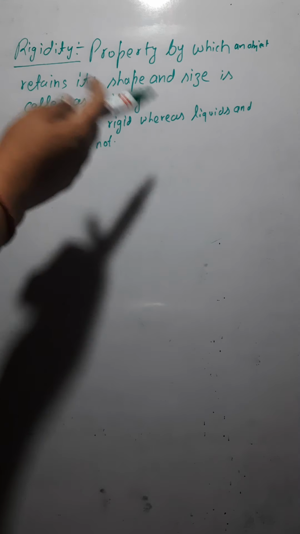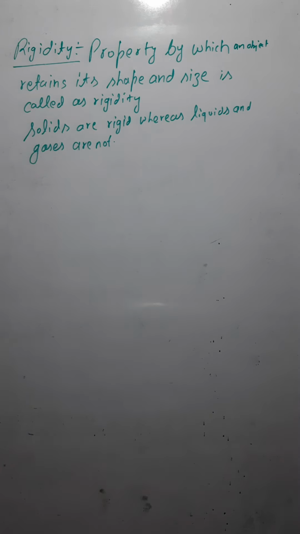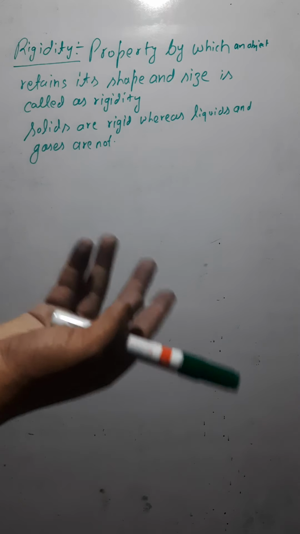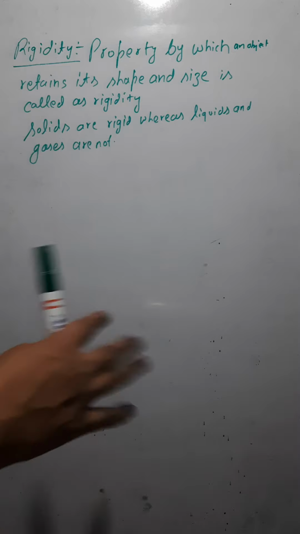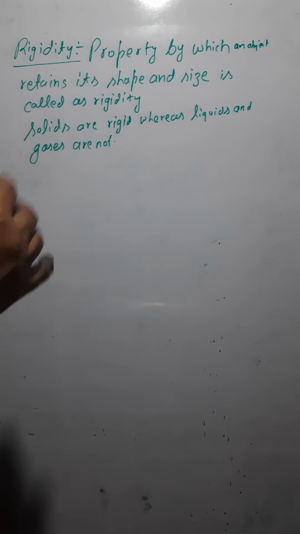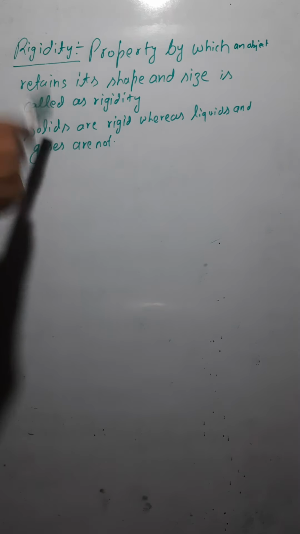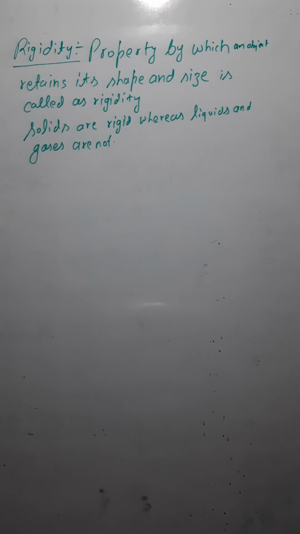So we can say solids are rigid, whereas liquids and gases are not rigid. Why are they not rigid? Because they are changing their shape and size. The objects which are not changing their shape and size, we call them rigid. They have the rigidity property, isn't it? Note it down.